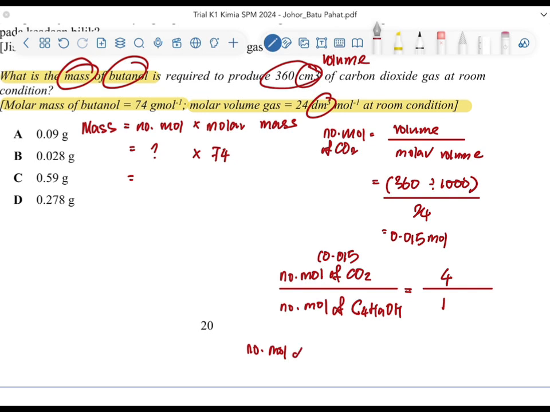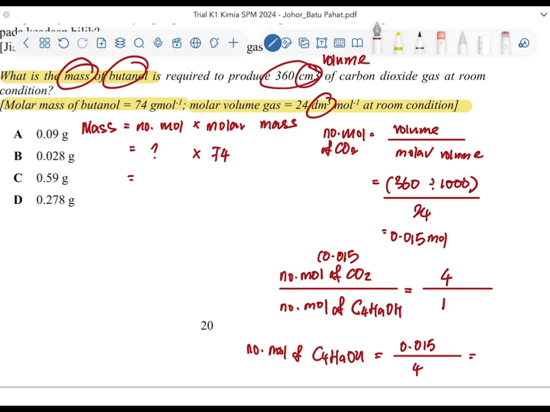And then number of mole of C4H9OH equals 0.015 divided by 4. Then we calculate it.